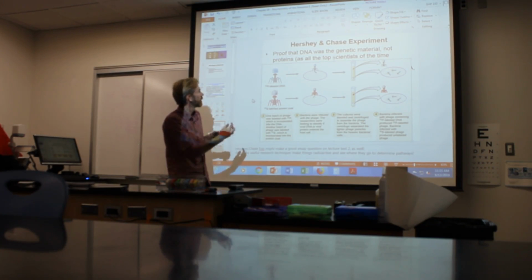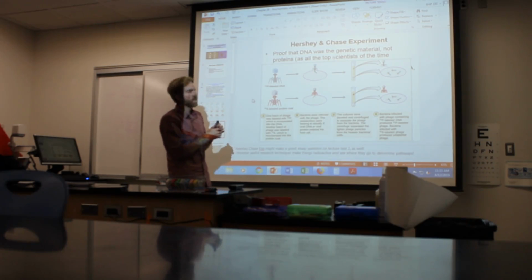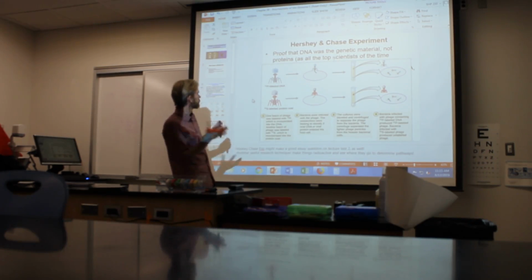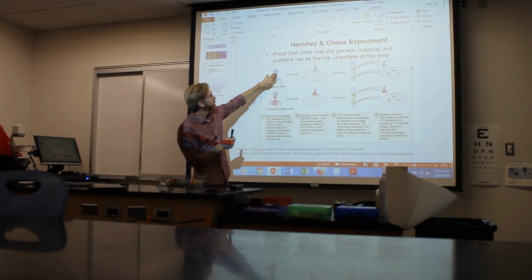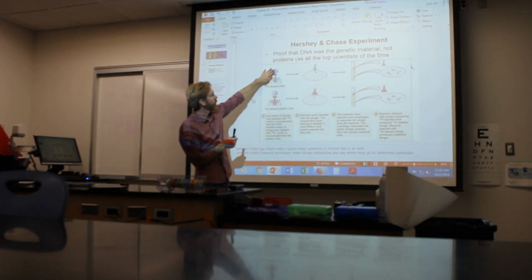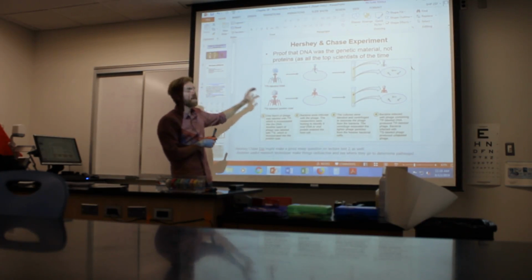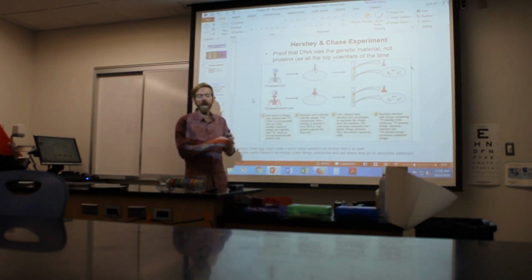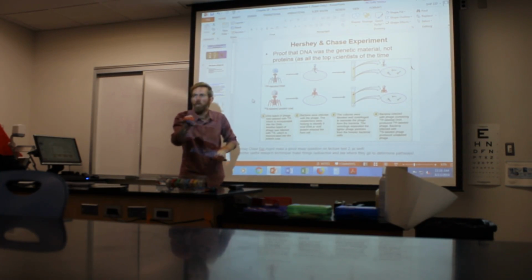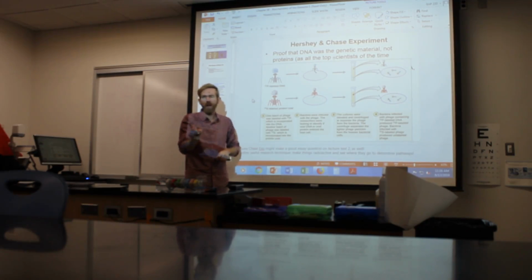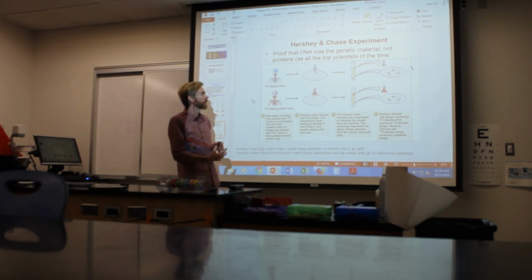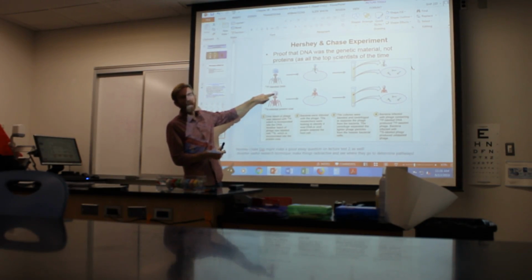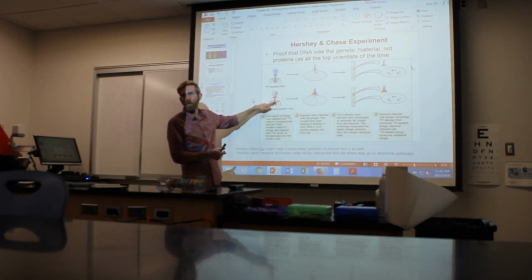They had radioactive DNA but not radioactive protein. So the radioactive labeled DNA. I would have made that red in this photo to make it easier. And then in a different batch of viruses, they added radioactive sulfur. Again, sulfur is not found in DNA, but it is found in certain amino acids. So this made viruses with non-radioactive DNA but radioactive protein.